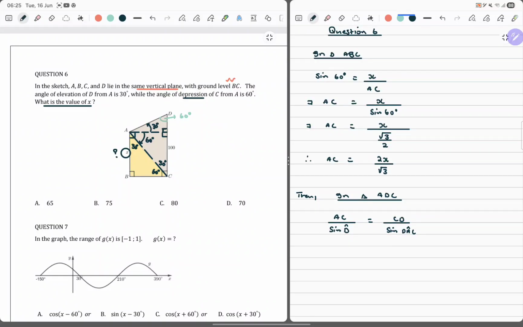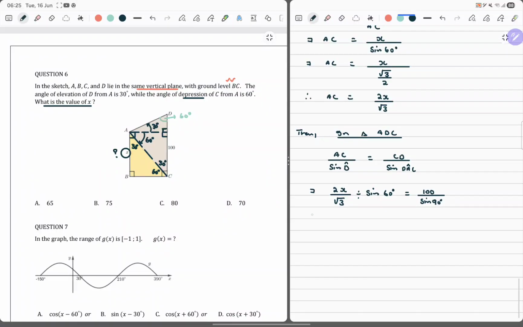Right, so this is the sine rule. So what do we know? AC is 2x over root 3, divided by sine of D. This is sine of 60 degrees. This is equal to CD, that's 100, divided by sine of 90 degrees.